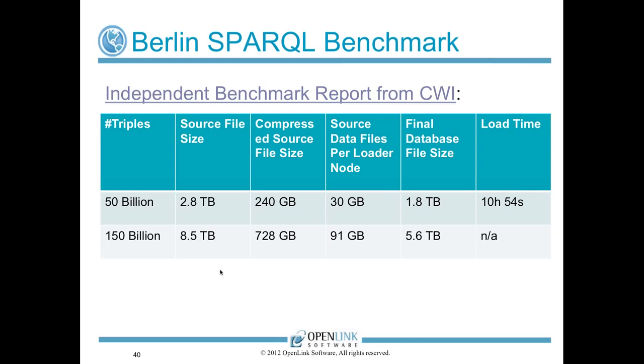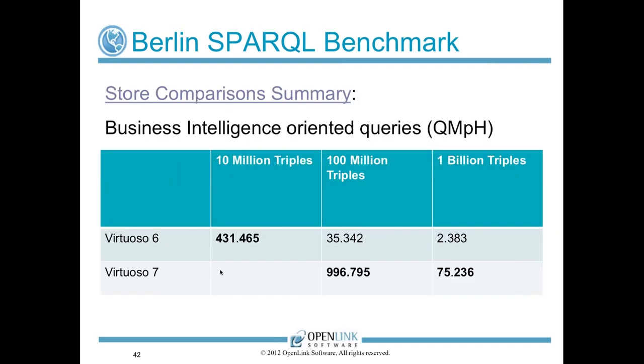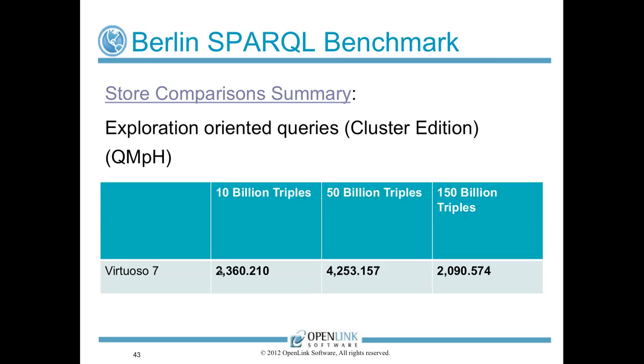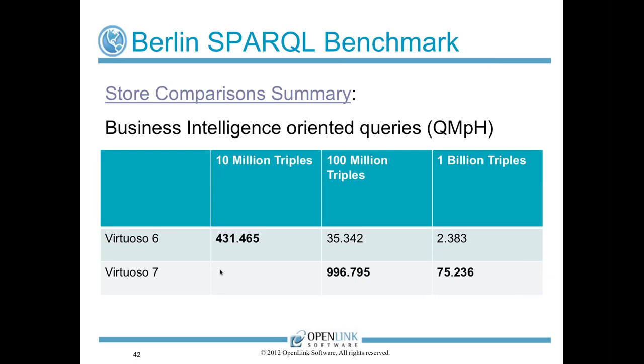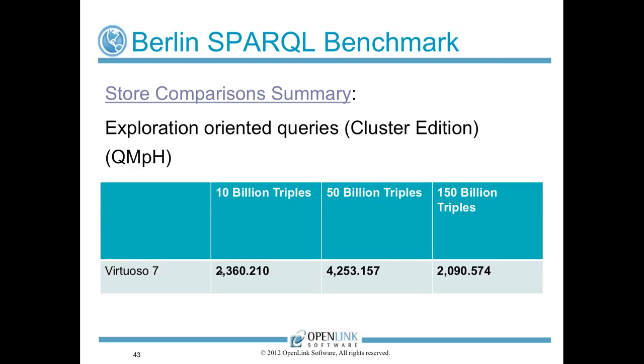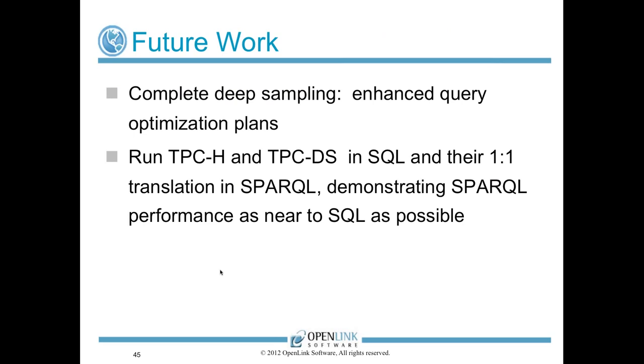This is an ongoing thing, so these numbers will be updated from time to time. There's quite a bit of data on the web, and we will also be announcing new figures and updates on the OpenLink blogs. Here, for the first time, we also did the BI mix, or primarily did the BI mix, which is business intelligence, so complicated aggregations over the BSBM dataset.